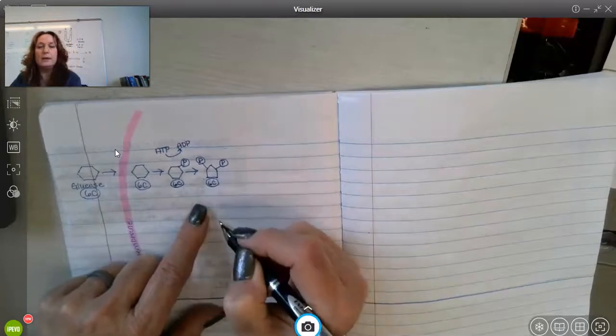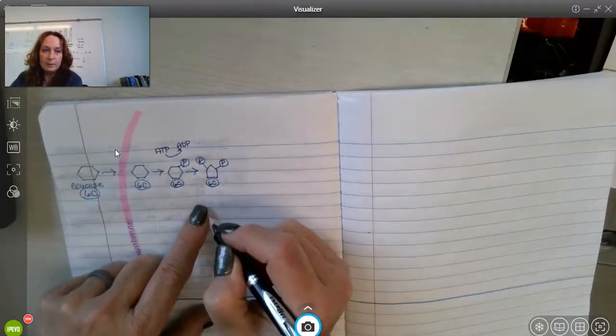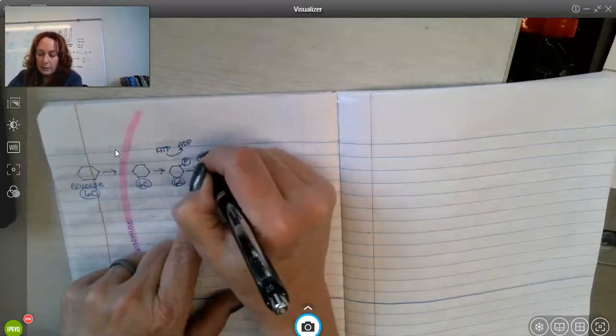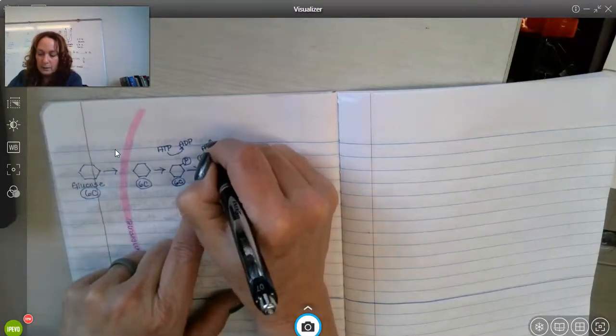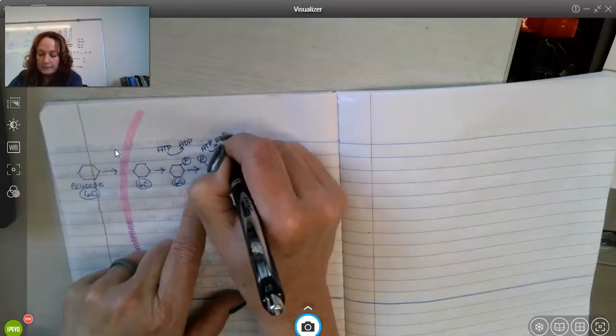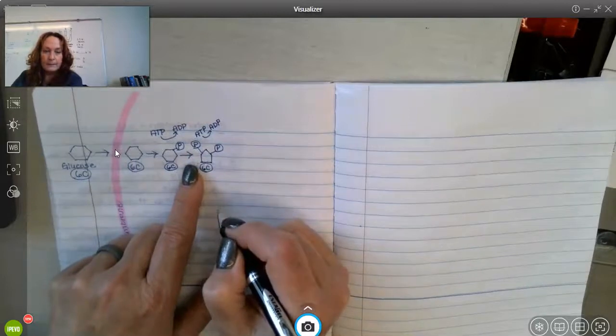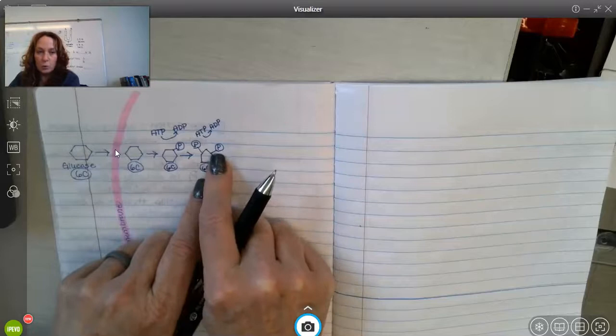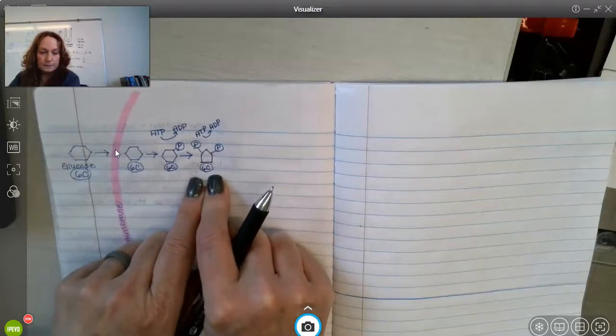We have not done anything about that. No bonds have been broken. We have phosphorylated once, now twice. So this second phosphate was at the cost of an ATP. So we have now a glucose phosphorylated twice.